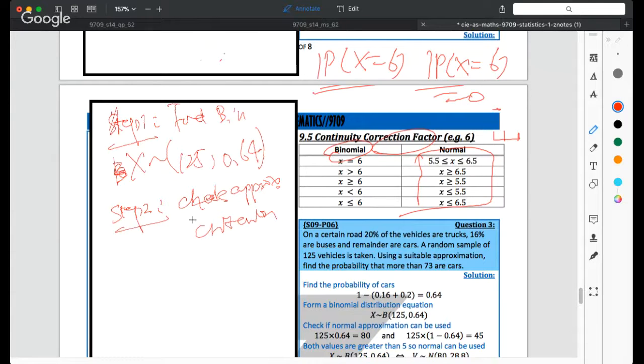So you need to show that NP equals what and NQ equals what. In this case, NP equals 80 and NQ equals 45, so both are greater than 5. So it means that we can use the approximation.